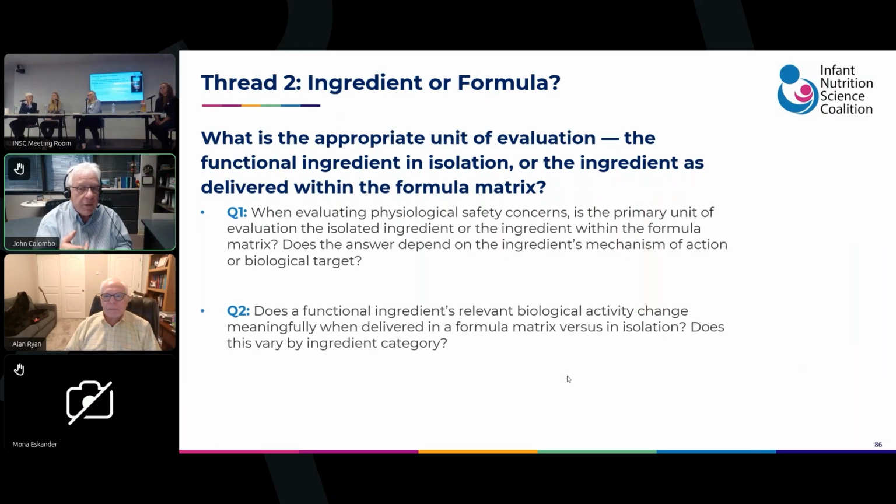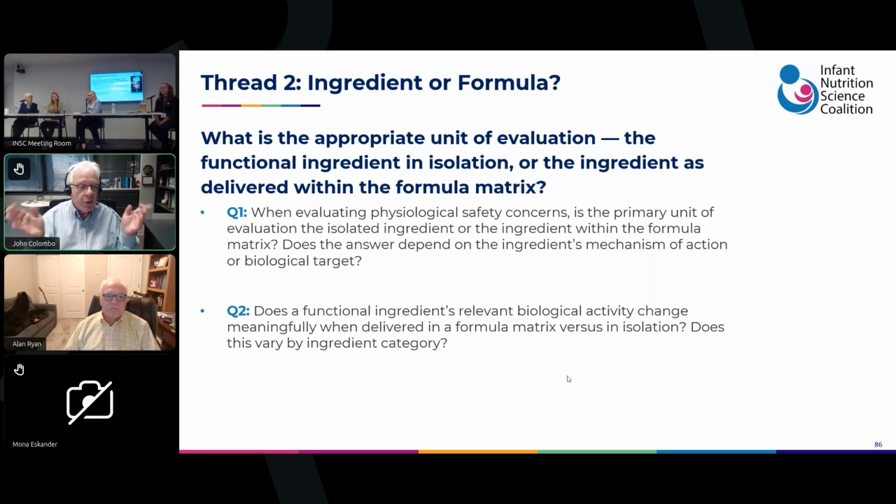I've also been involved in providing syrup with zinc and copper to babies in Peru, and that's an example of isolation. The last thing, and as Alan has talked about, we have done work giving pregnant moms DHA and looking at the effects of that. I think Susan's exactly right.